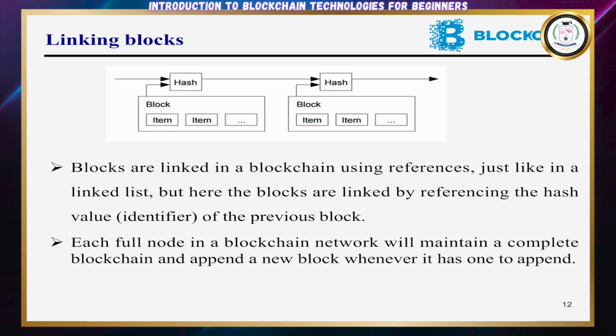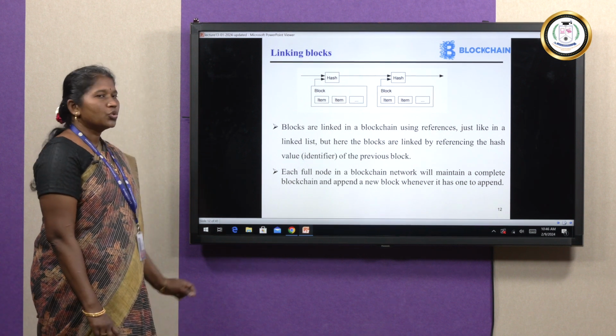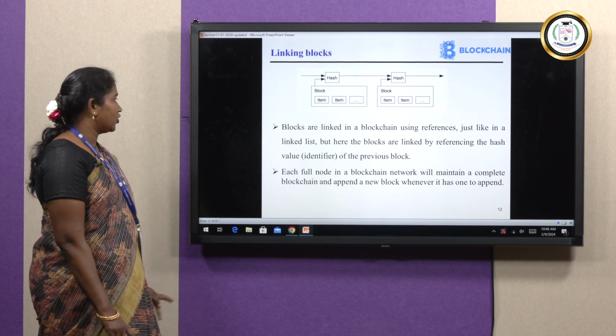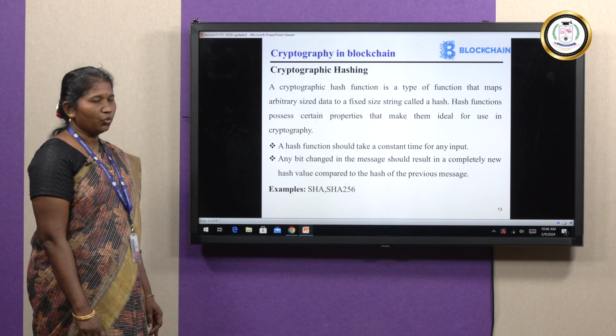And this is the representation of the linking of blocks. How each and every block will be linked together: the first block will be created, and through the hash value each and every block is connected to each other. And this is the cryptographic hashing. Usually a secure hash algorithm is used in blockchain, either SHA or SHA-256.